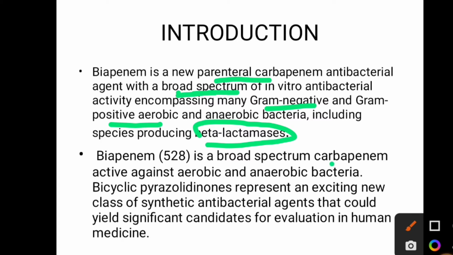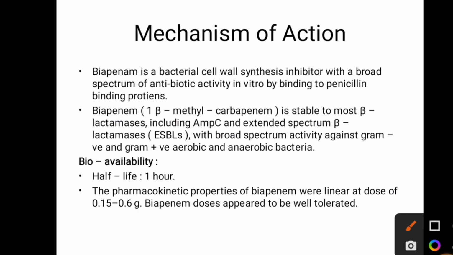Biapenem is a broad spectrum carbapenem, active against aerobic and anaerobic bacteria. These are also called bicyclic pyrazolidinones, representing an exciting new class of synthetic antibacterial agents that could yield significant potential for evaluation in human medicine.